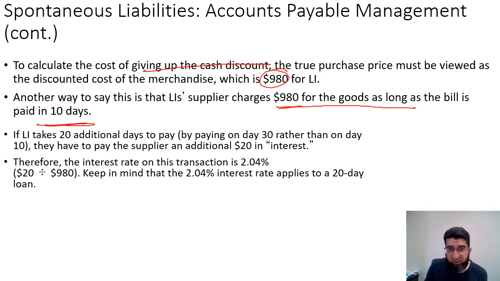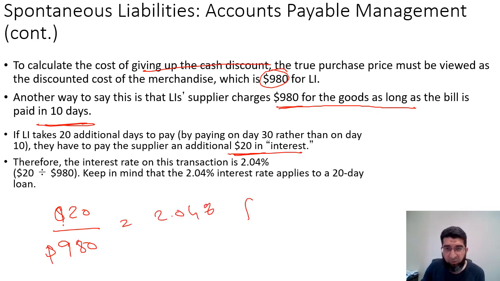If Lee takes 20 additional days to pay, then an additional $20 in interest has to be paid. Therefore, the interest is $20, the cost of paying beyond the discount period, and 980 is the benchmark price, which gives us 2.04% for a 20-day loan.